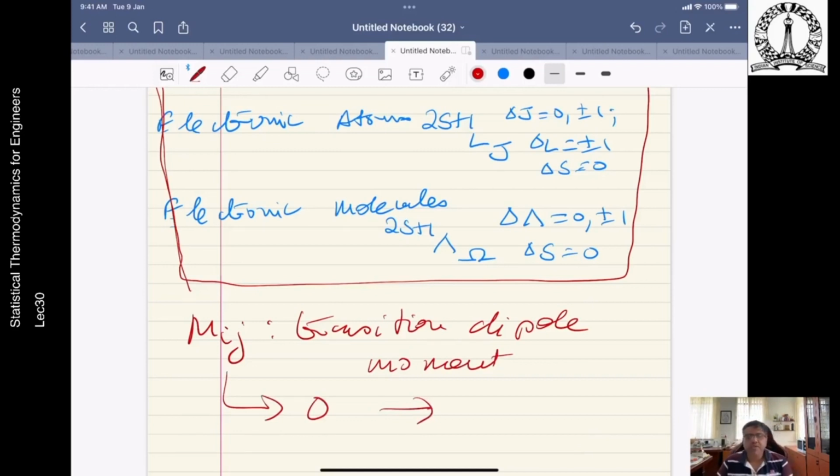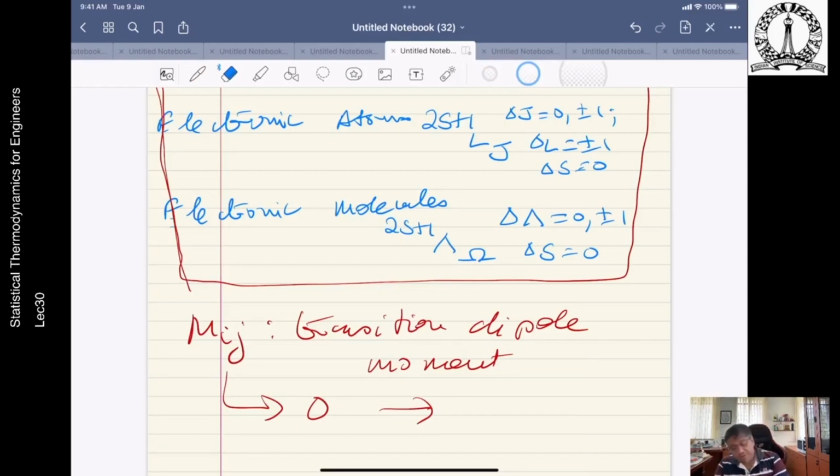Now we have got a very good idea about what the different energy levels are, what a transition dipole moment is, how it can be evaluated from a perturbed version of the time-dependent Schrodinger wave equation, and what the corresponding rotational and electronic transitions are that are possible.